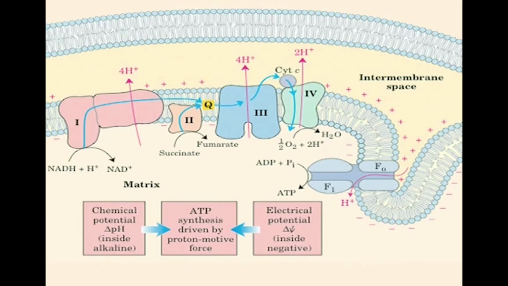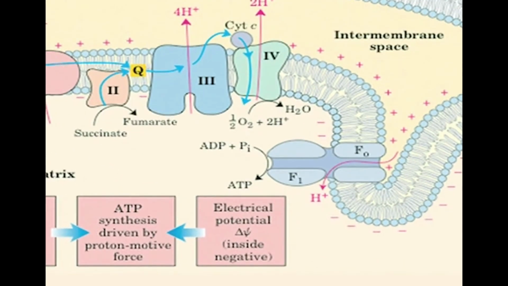That flow is through the ultimate protein, the F0 F1 ATP synthase, which passes all the protons back through its channel into the matrix, and these protons induce the formation of ATP by combining ADP with an inorganic phosphate molecule. So, the electronegative potential is being balanced by transferring the protons into the matrix and formation of ATP.